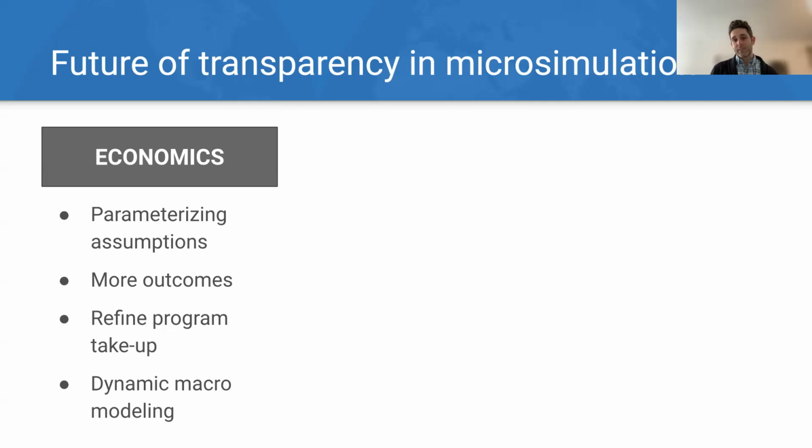So JCT has a different labor supply elasticity than CBO. So what if you could just isolate those changes to the structural parts or to the parametric parts? So use the JCT elasticity with the CBO model, all that kind of stuff. So they're defining the structure where we are, or we're all sort of working together on a common structure, and then people are just disagreeing about those parameters, but it's transparent. I think that would be really great.